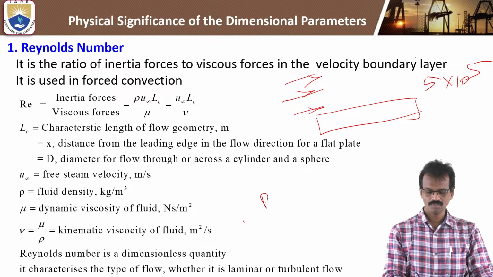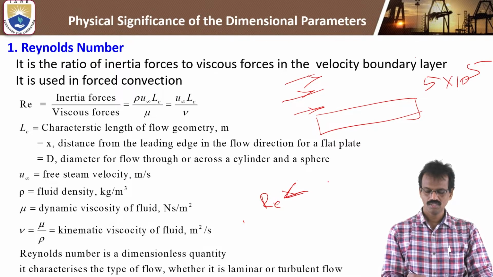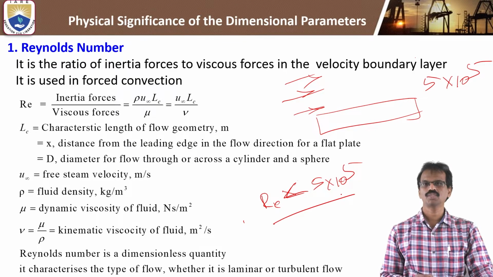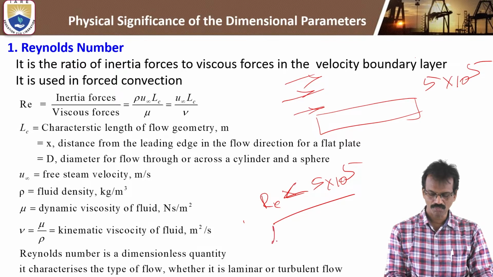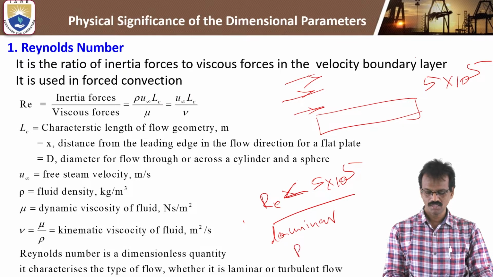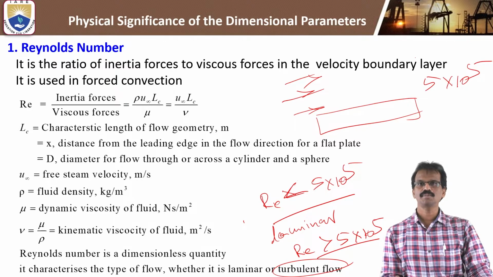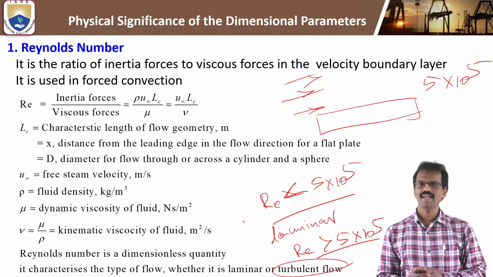If the Reynolds number is less than 5 into 10 to the power of 5, it is laminar flow. If it is greater than 5 into 10 to the power of 5, it is turbulent flow. So based upon the Reynolds number, we can identify which type of flow.